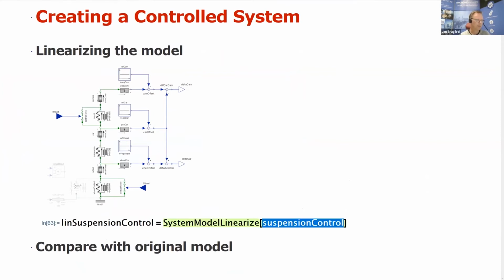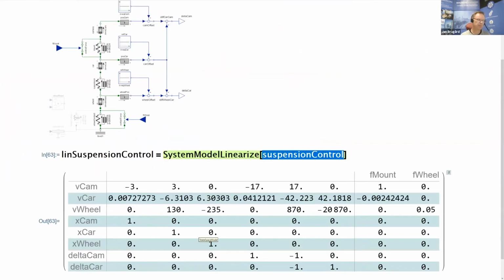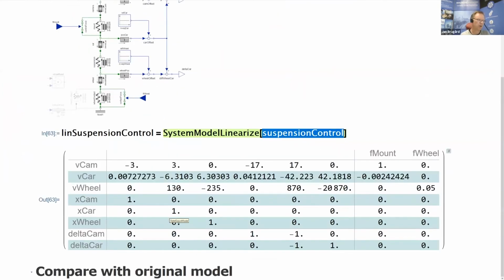So I do that, and once that's evaluated, we will see a state space model representing the system. There we go. Let's not go into details of this, but it's basically a linear representation of the model in a state space form.